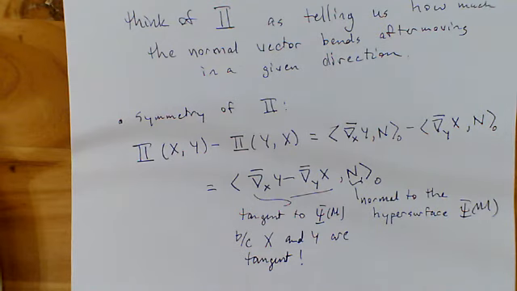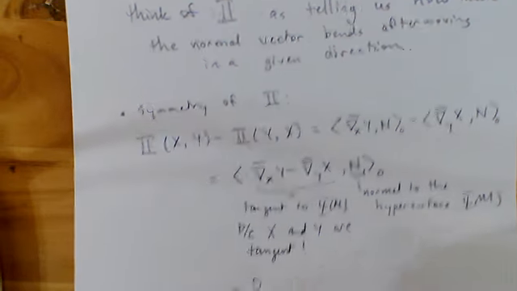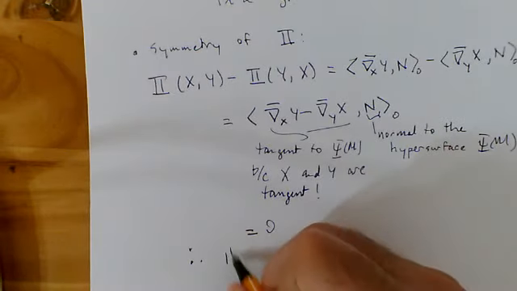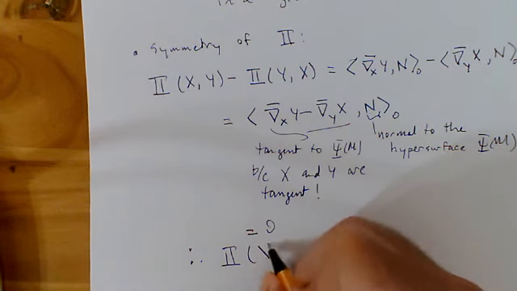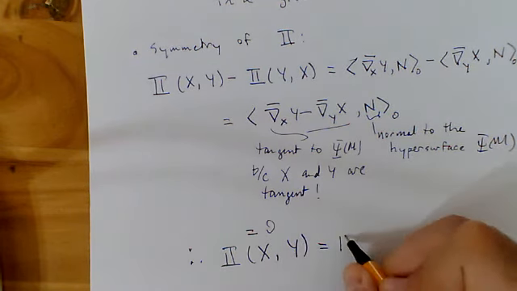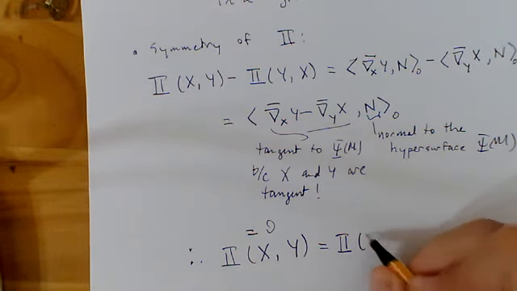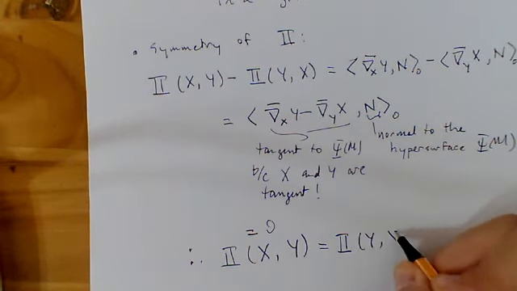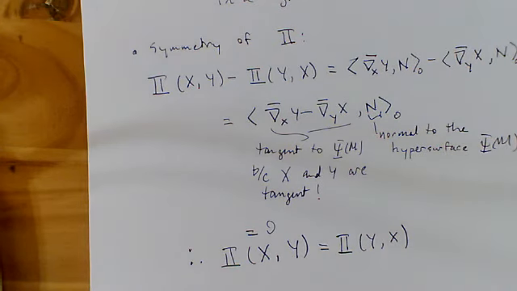So the punchline is that this difference is actually zero, and what we have just shown is that the second fundamental form is a nice symmetric bilinear form.